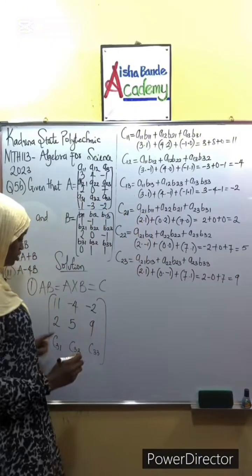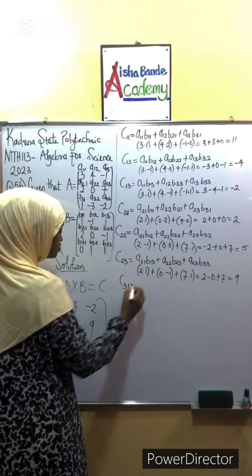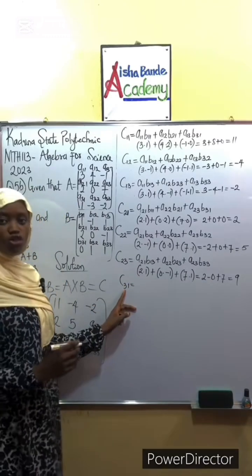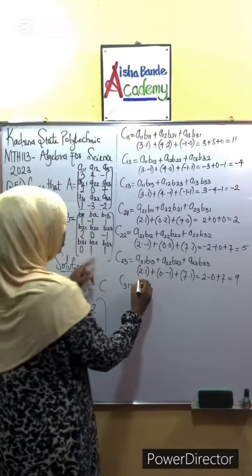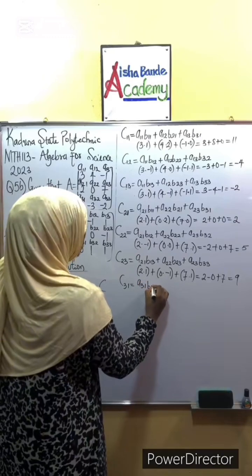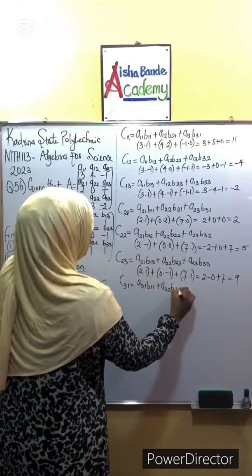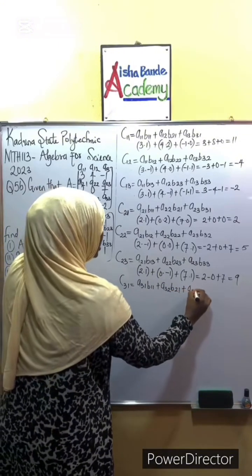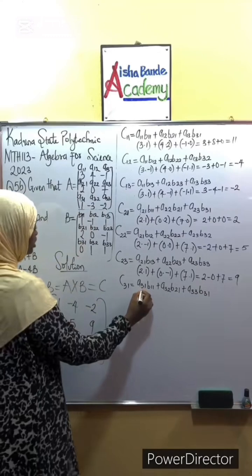C23 is 9. Moving on to the last row. So we have C31. This means the third row on matrix A, first column on matrix B. So this is A31 B11, plus A32 B21, plus A33 B31. So let's substitute in.